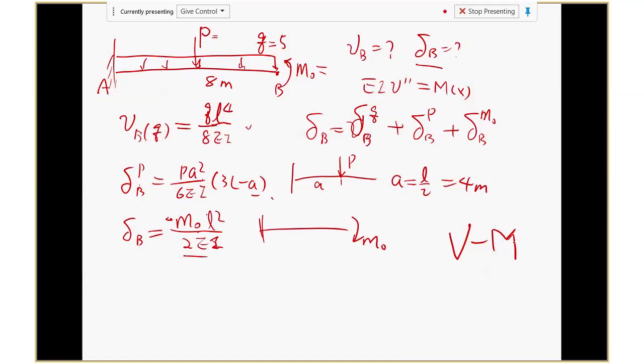So the capital V represents the shear force, and the capital M represents the bending moment. And also, this will be the shear stress, and this will be the normal stress. I saw a few people get confused last exam about which one is the shear force and which one is the shear stress. They are related, but they're totally different things. One is force, one is stress. So that's more a concept issue. You need to understand the concept.